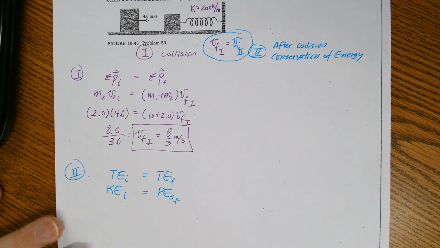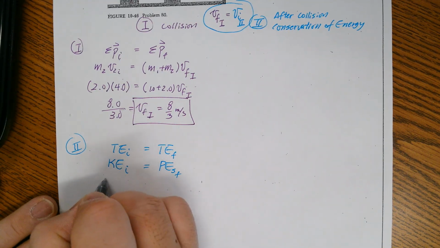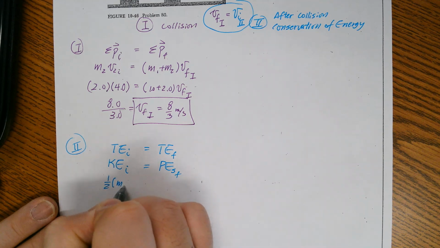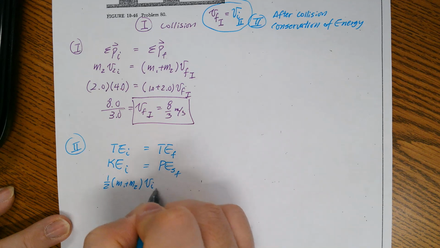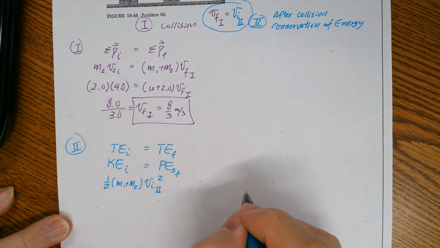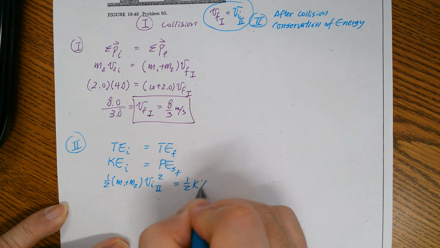So 1/2 (m1 plus m2) v initial of phase 2 squared equals 1/2 kx squared.